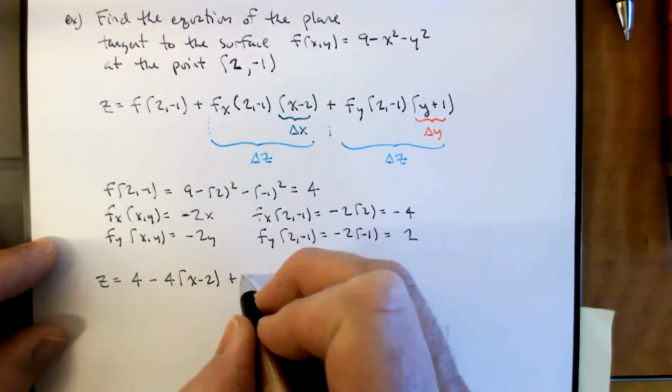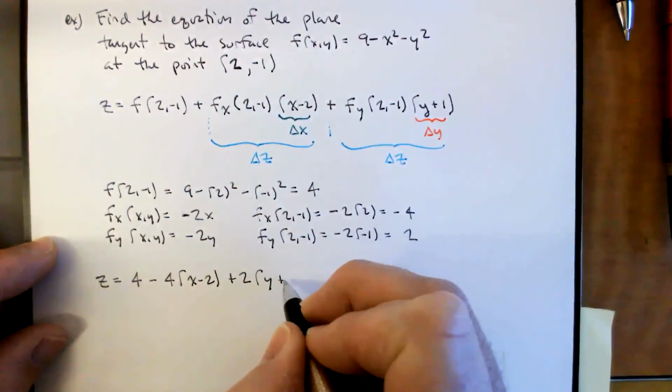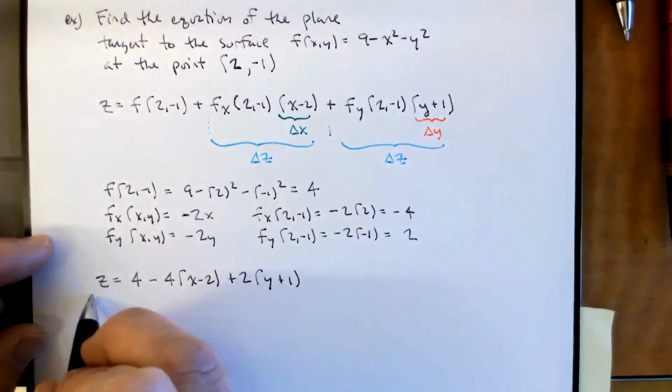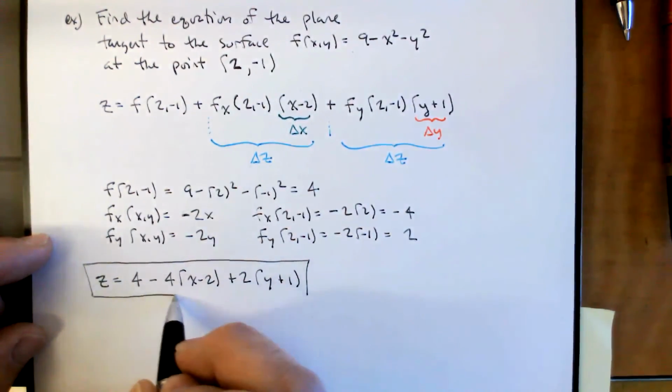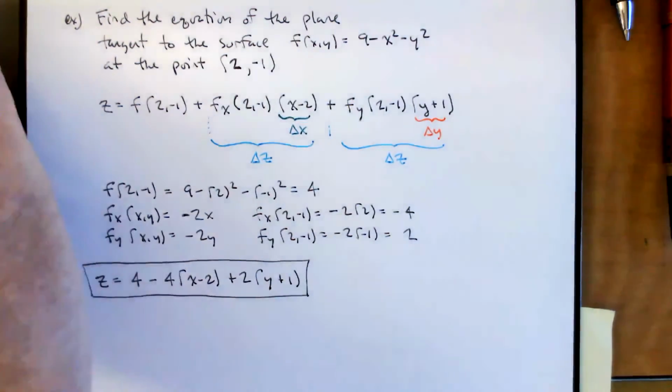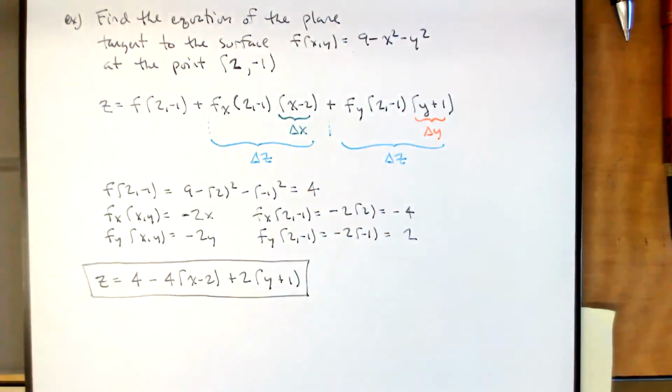We're going to increase by 2 whenever y changes from negative 1. This is going to be our best linear approximation to this surface above the point in the beginning.